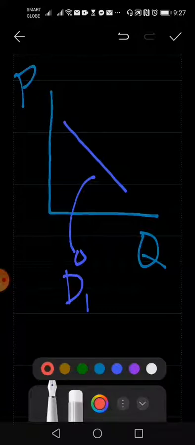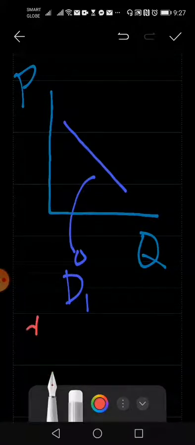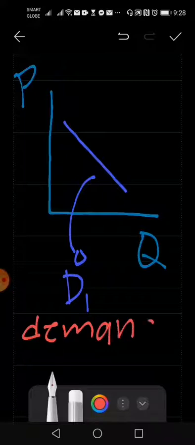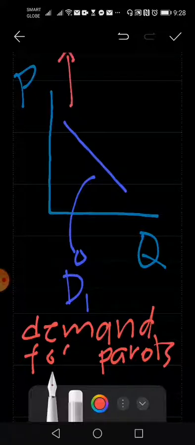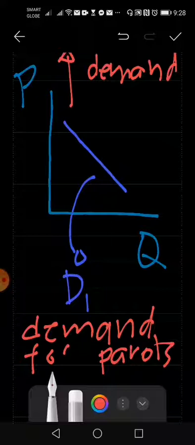This is the demand for parols. And then, lagyan natin ng label din ito. This is demand during Christmas.